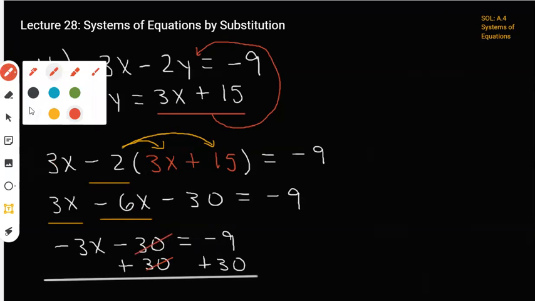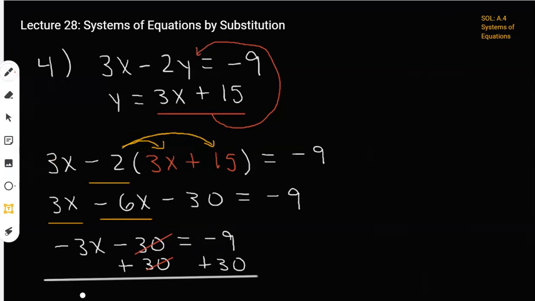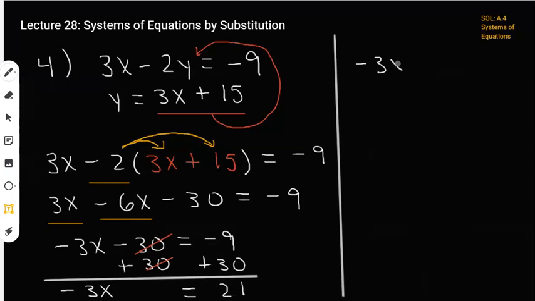And then I'm left with a negative 3x. I bring that down right here. And then on the other side, I have 30 minus 9. That's going to give me 21. So now I have a simple one-step equation that I can solve for x. Negative 3x is equal to 21.